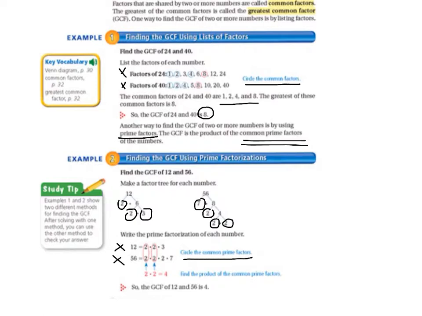Then the directions are to circle the common prime factors. They're considered common if they're in both prime factorizations.